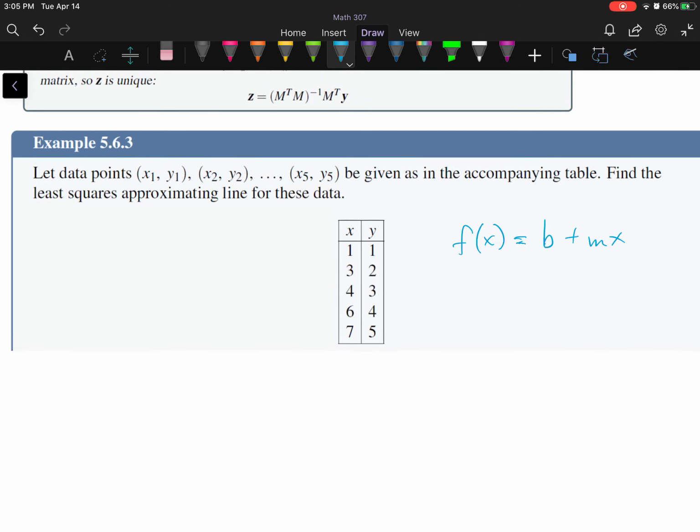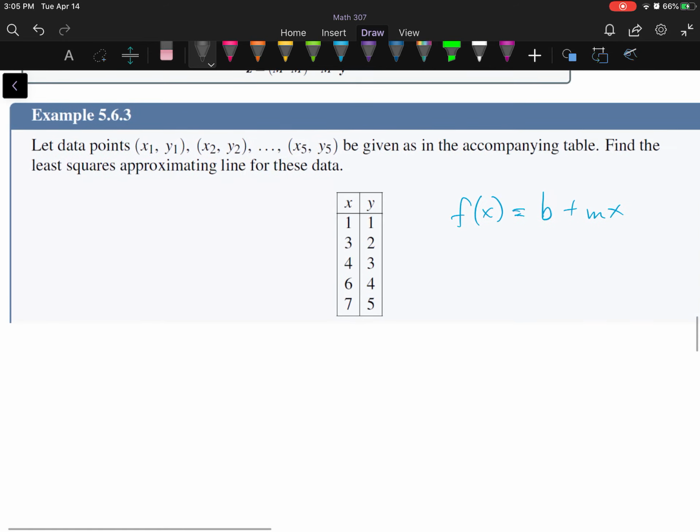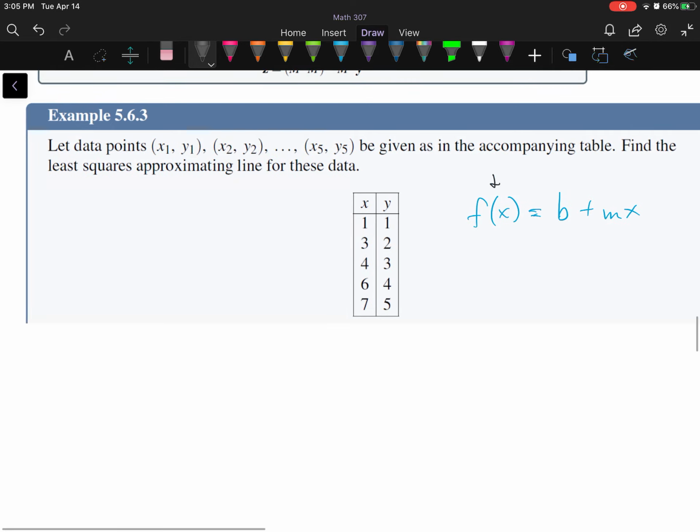And so in this context, we would come up with 5 different linear equations, where y is playing the role of f of x.